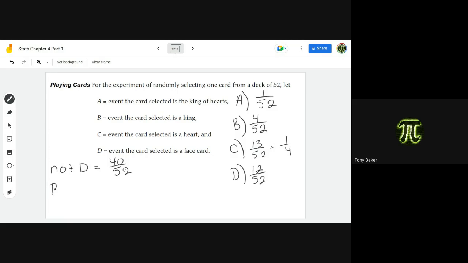All right. What's the probability that B and C occur? So that means they both have to occur. B says it's a king, and C says it's a heart.